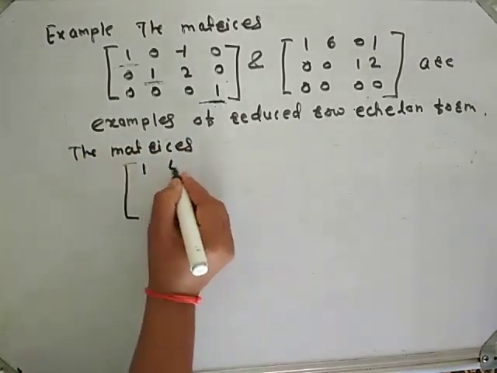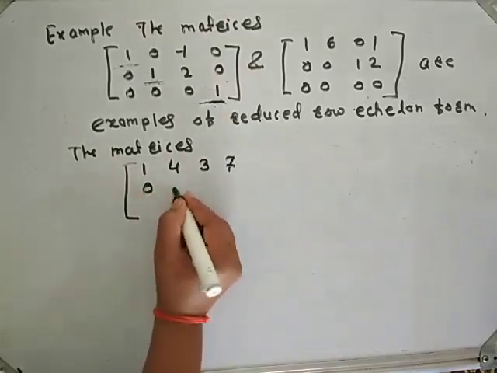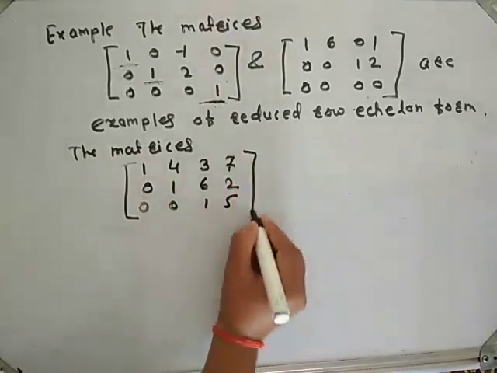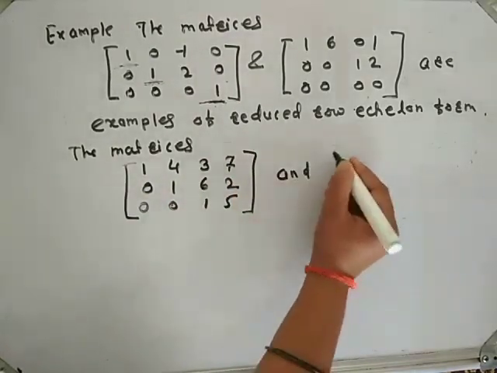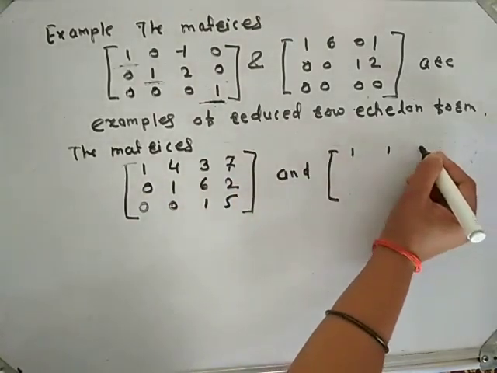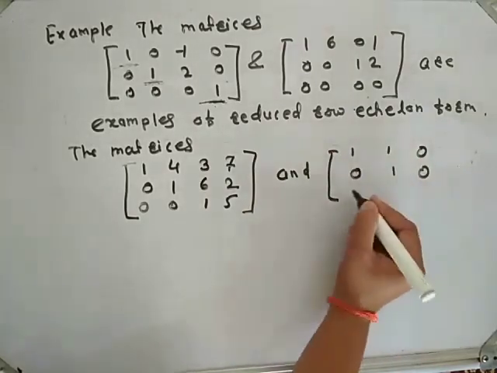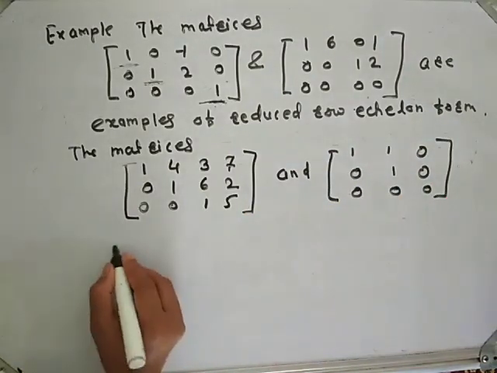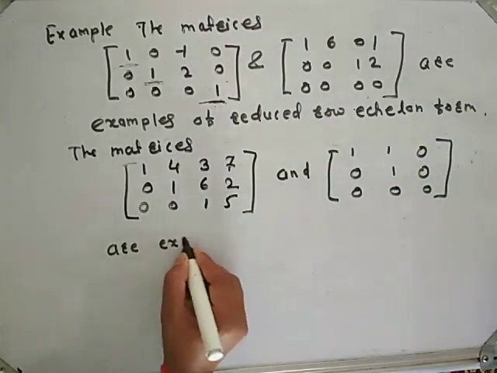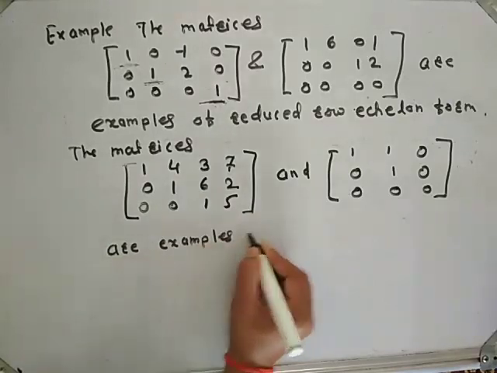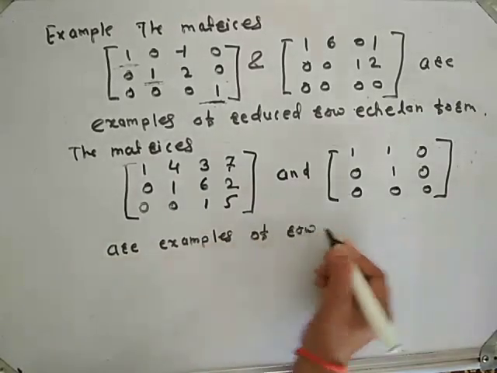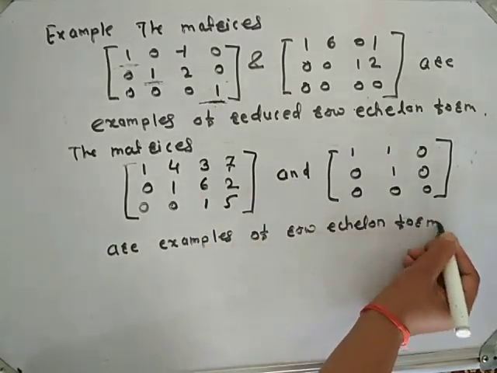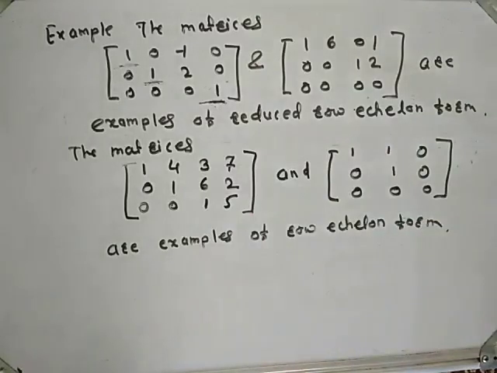Okay. Next are the matrices 1 4 3 7, 0 1 6 2, 0 0 1 5 and the matrix 1 1 0, 0 1 0, 0 0 0, which are examples of row echelon form. Okay.